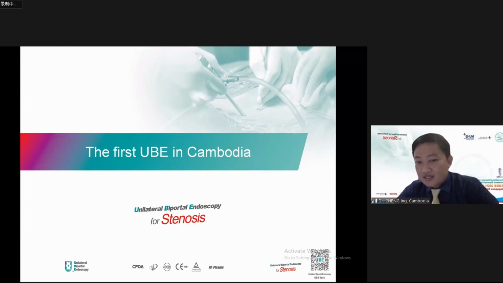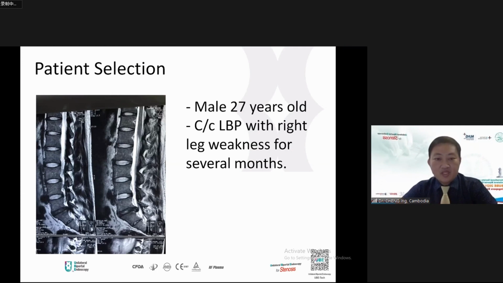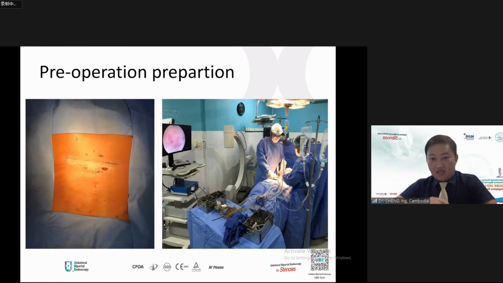The first case I did was a male, 27 years old. He complained of lumbar back pain with right leg weakness for several months. In my OR, we have a C-arm and a column for UBE.